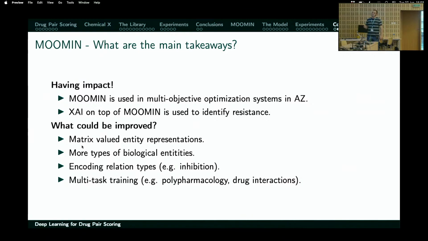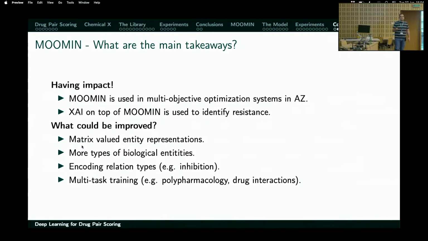The relation types between the proteins and the ligands is not particularly modeled. There is no conditional weight matrix for various types of relationships. And of course, this task could be combined with other things such as polypharmacology modeling and drug interaction modeling.